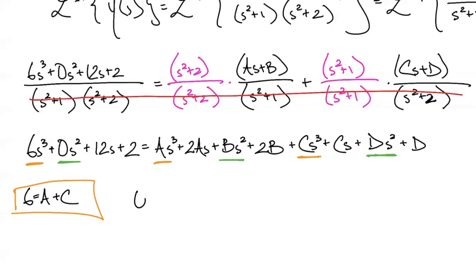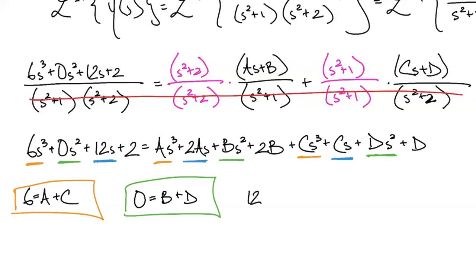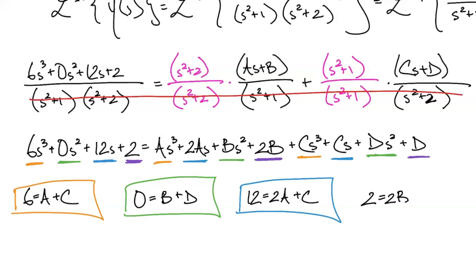That's another equation. 0 equals B plus D. All right. 12s equals 2A plus C. And then this final two, 2b and d. So 2 equals 2B plus D.